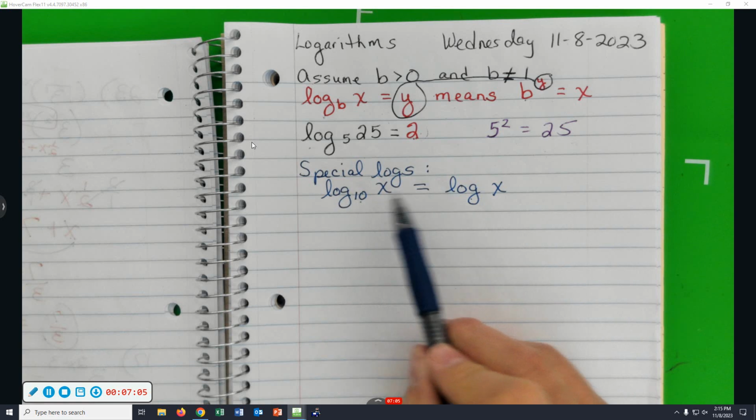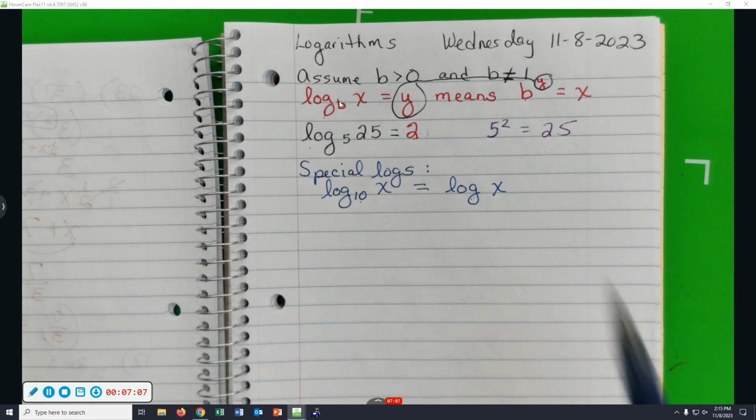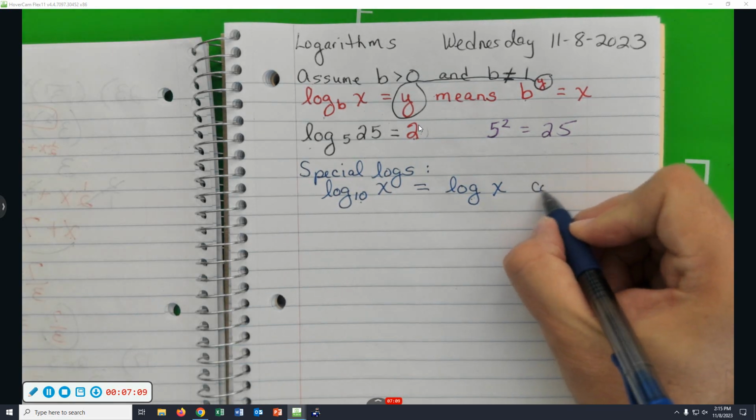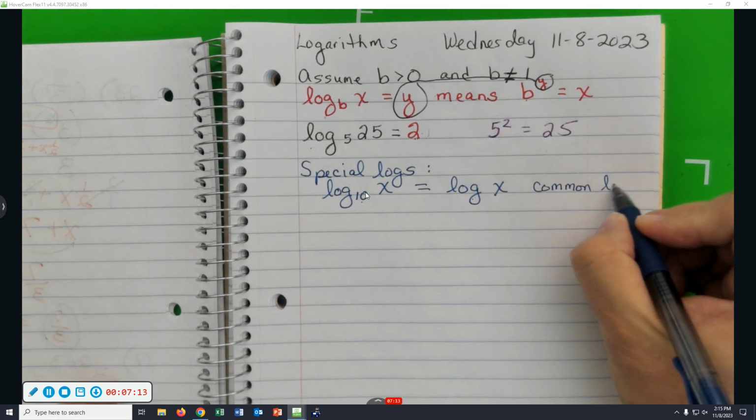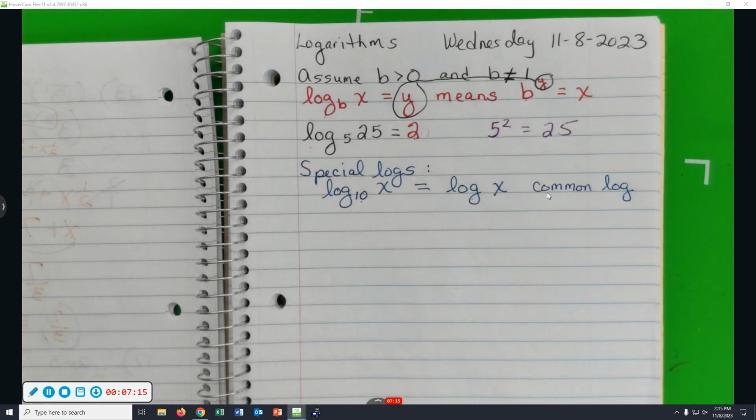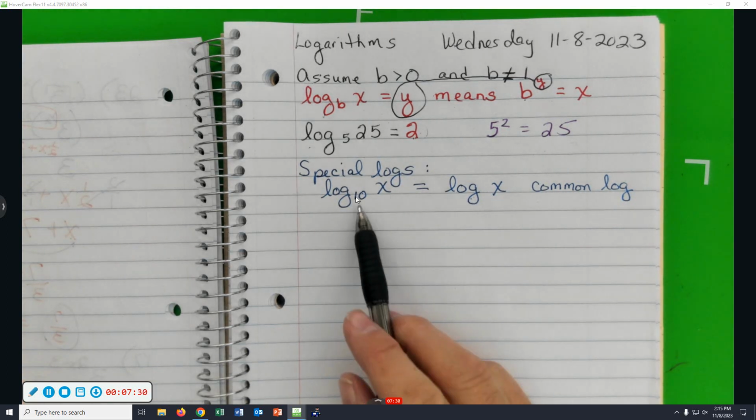Without a calculator, it's hard taking numbers to powers. 10 squared, 10 to the 5th, you just count the zeros. And so that was the most common logarithm used in books and calculations. That's the first special logarithm that doesn't require a subscript. If you type or write log and you don't put a subscript there, it's assumed to be 10.